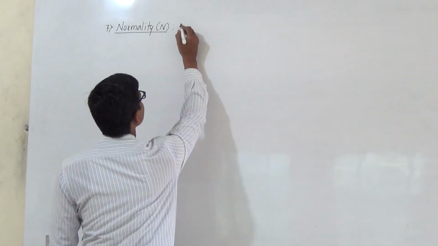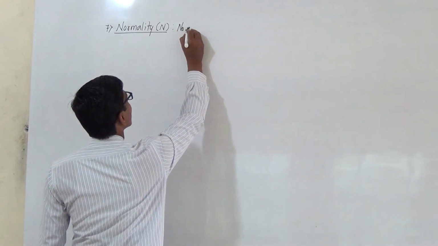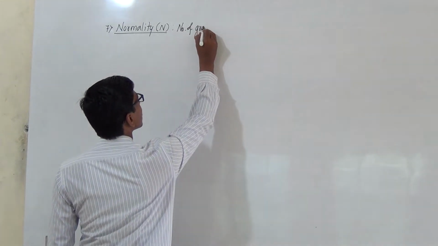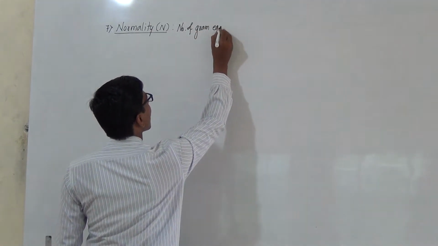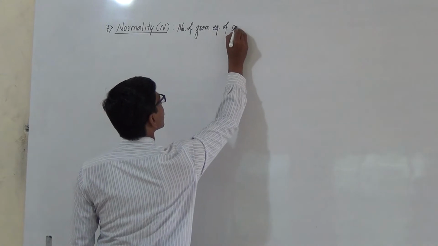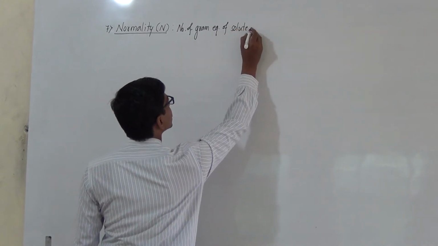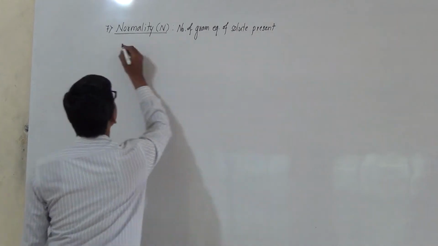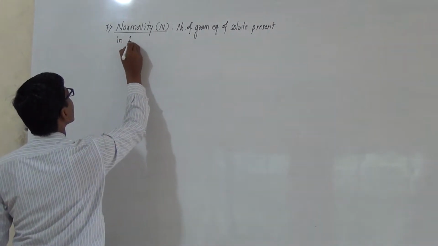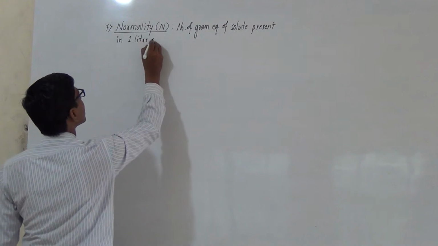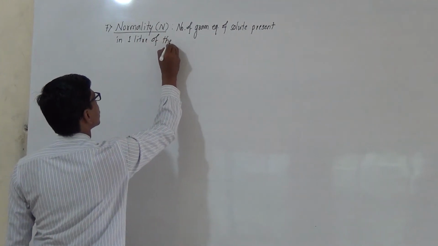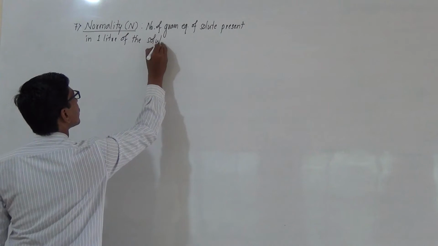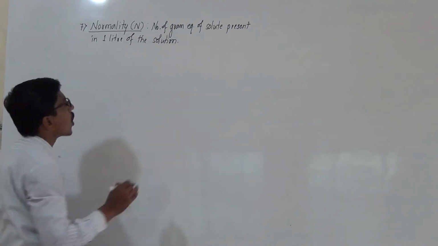It is the number of gram equivalents of substance or solute present in 1 liter of the solution. That is called normality.